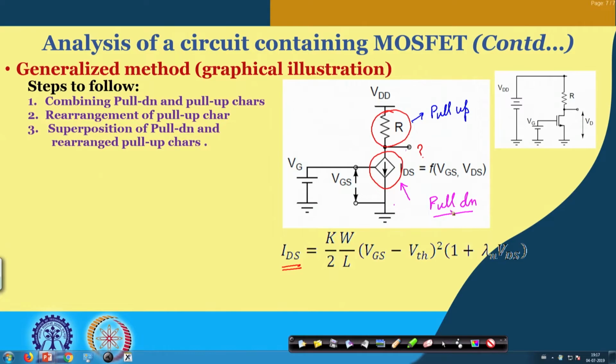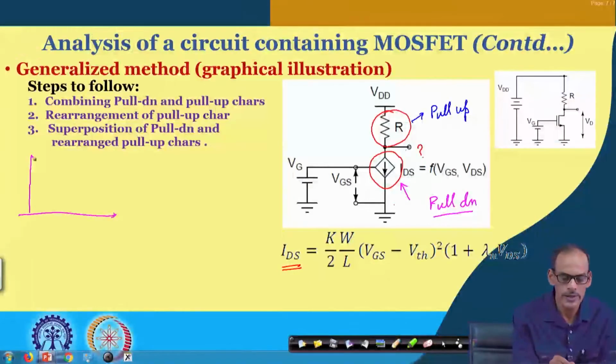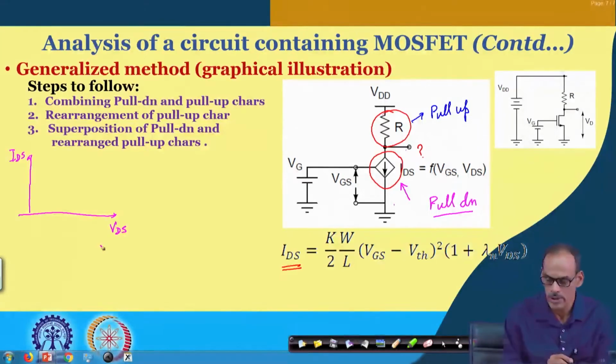So, for the pull down element characteristic, you may recall that similar to the BJT circuit, if we plot the IDS versus VDS for a given value of VGS, and as we said, lambda is very small.